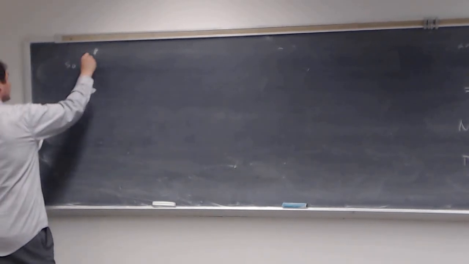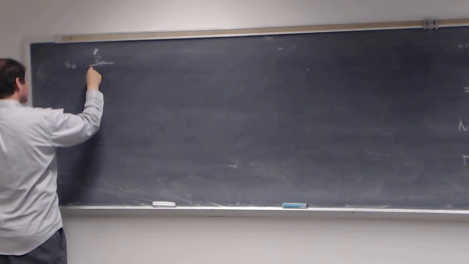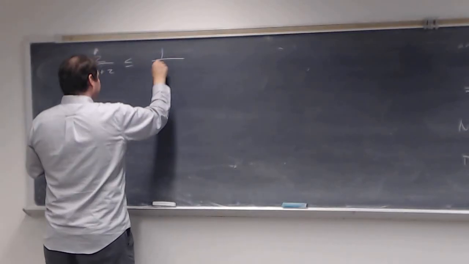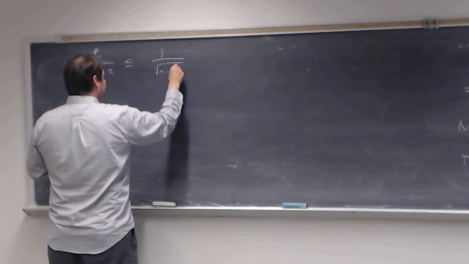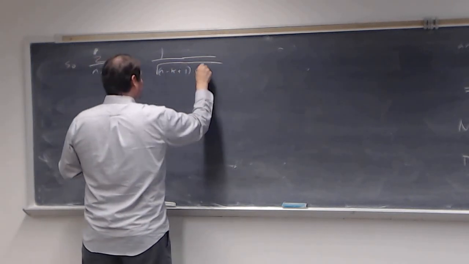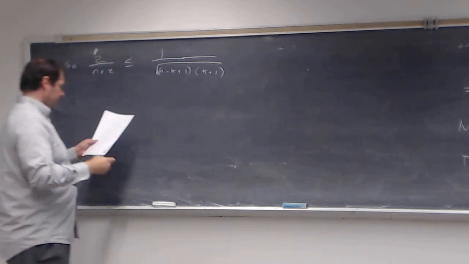So what we have is, simplifying that left-hand side, 2 over n plus 2 is less than or equal to 1 over the square root of n minus k plus 1 times 1 over the square root of k plus 1. Okay?